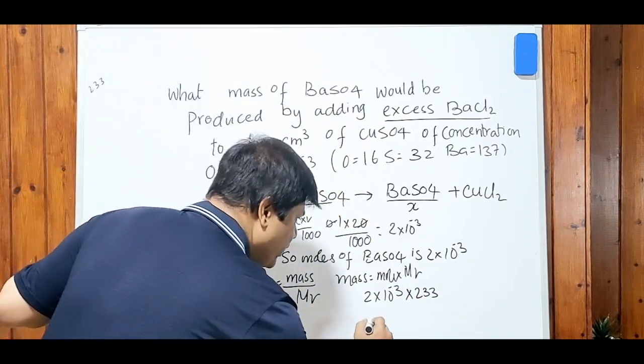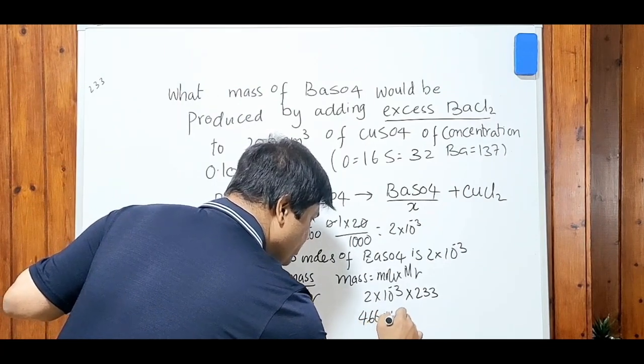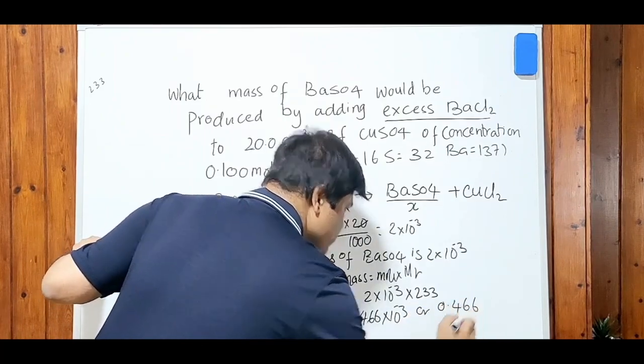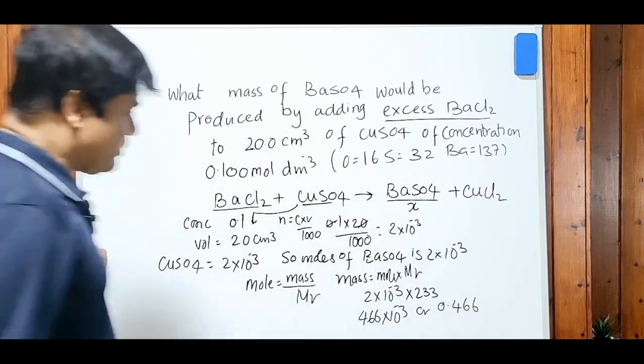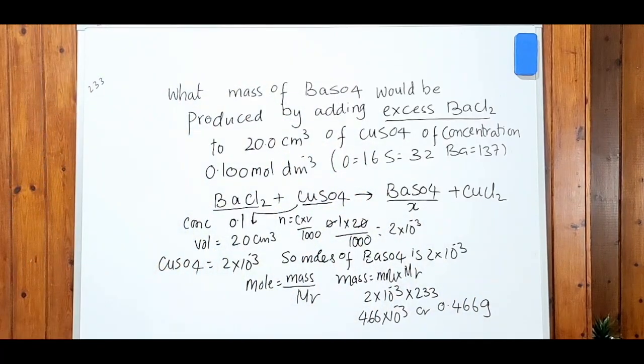So, which is 466 times 10 to the power of minus 3, or 0.466 gram. We have a unit for the mass. Is that clear, guys?